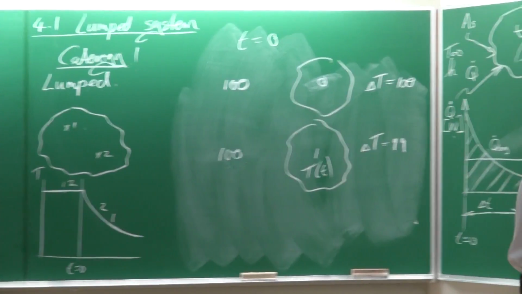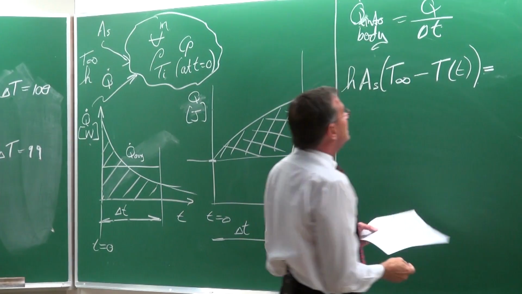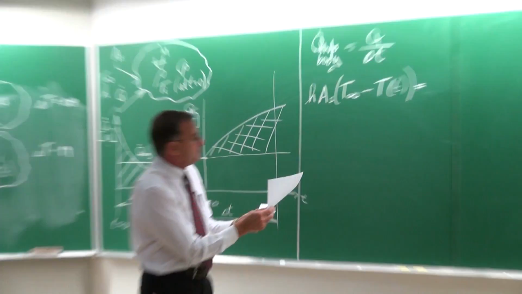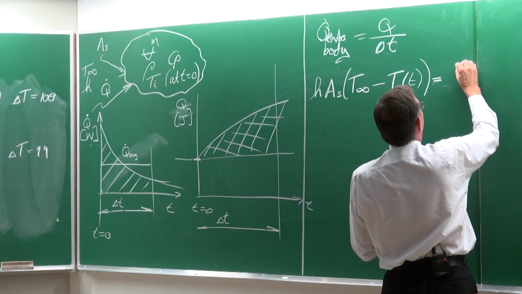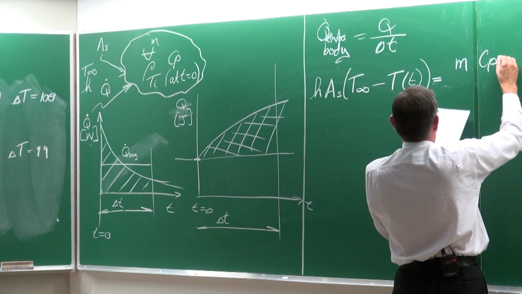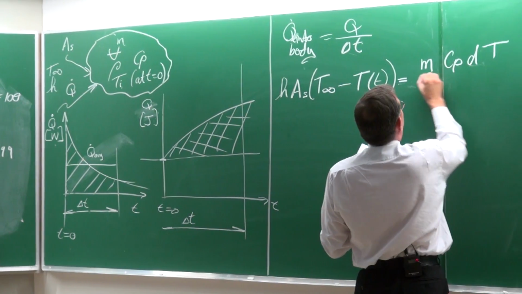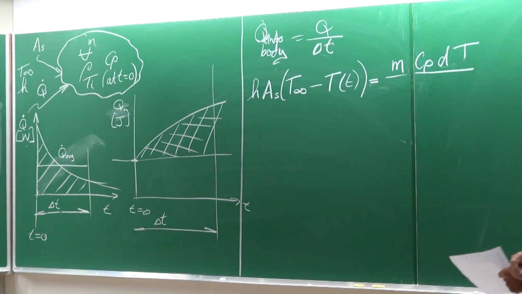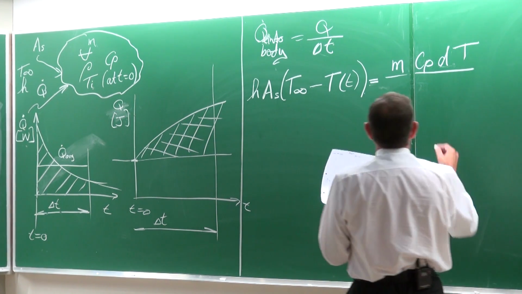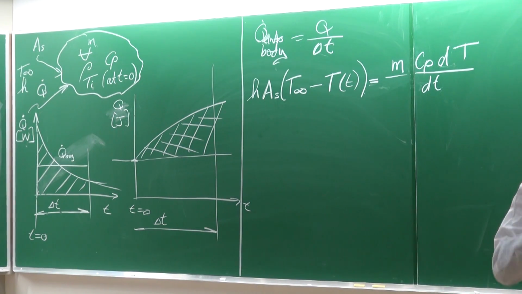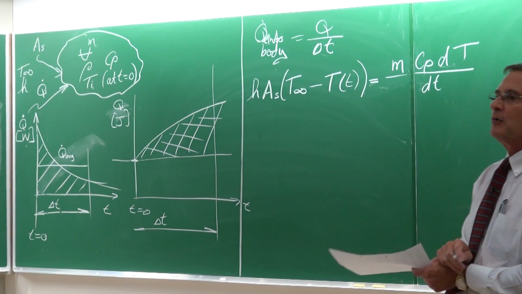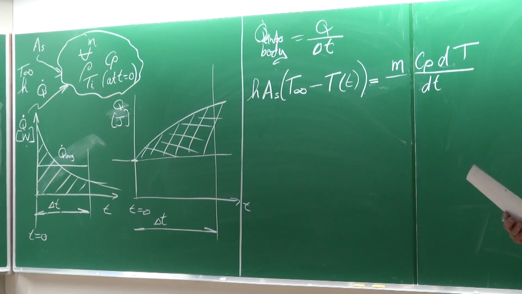So the convection heat transfer rate going into the body is equal to Q. And what is our Q equal to? It is mCp dT from our thermodynamics, how much heat is inside the body, divided by dt. Now we get more fancy and say it is dT, not delta T, because we want to solve this mathematically.